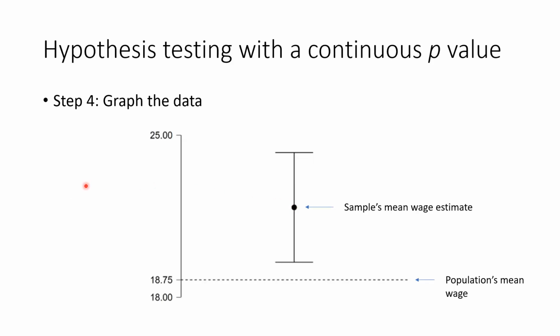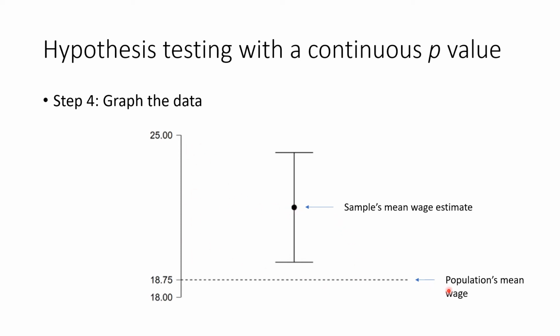The next step in hypothesis testing with a continuous p-value is to graph the data. Here you see a point and whisker plot where it's plotting the mean of the sample's wage estimate. Now it's not telling you the exact value for the mean, but it is placing it on a number line here.